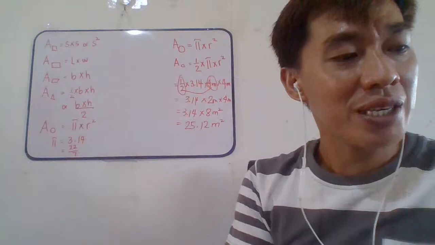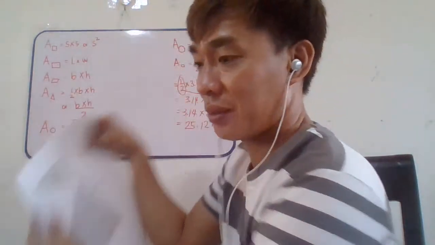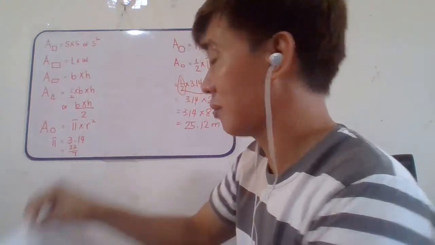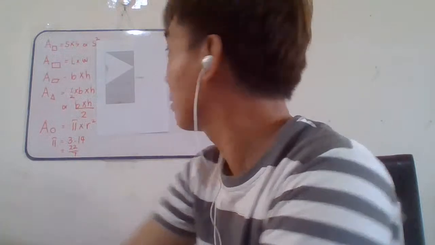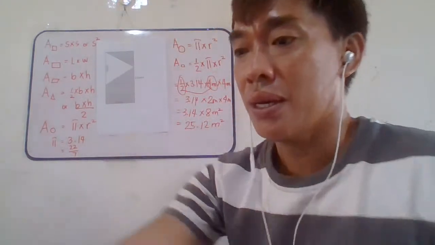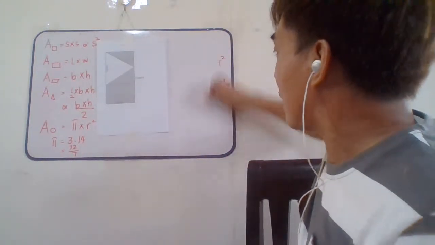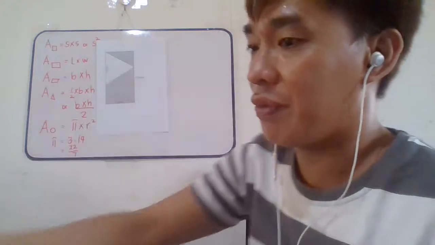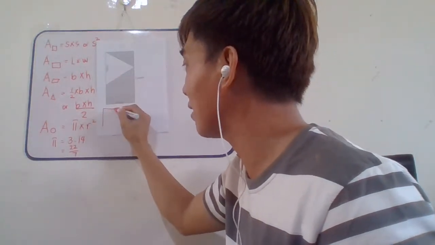Okay, our next figure looks like this one. That figure is actually composed of a rectangle, the standing rectangle.